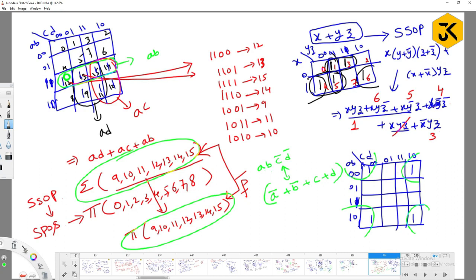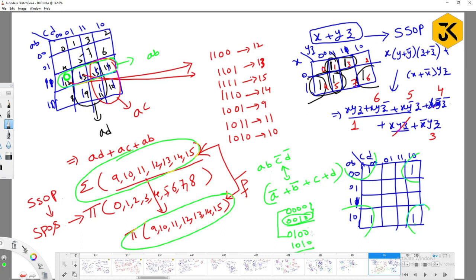So what is this value? This value is 4 zeros. This value is what? 0 0 1 0. 4 zeros, 0 0 1 0. How many bits are changing? One bit is changing, so they are adjacent. If you take this also, 4 zeros and I think 0 1 0 0. How many bits are changing? One bit is changing, so they are adjacent. If you take this also, 1 0 1 0, and take out another number, these two, 1 0 1 0 double 1 1.